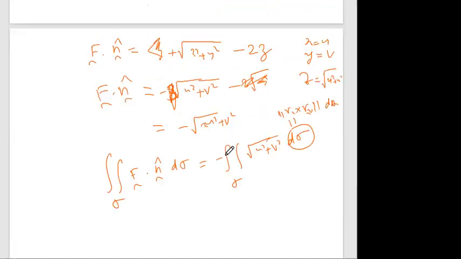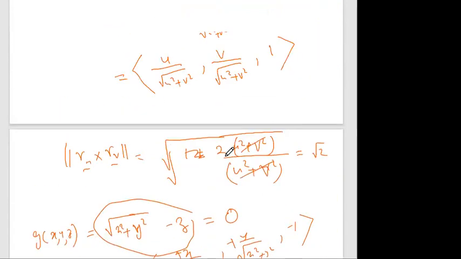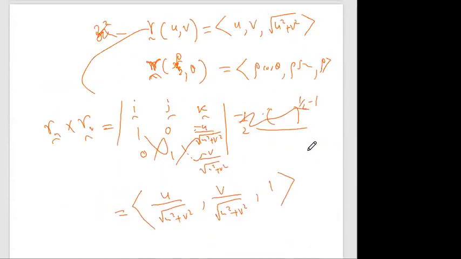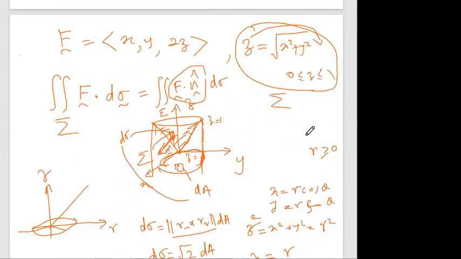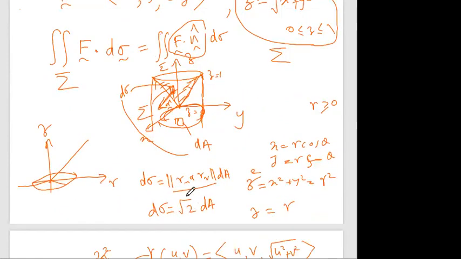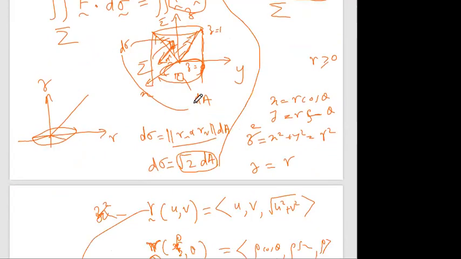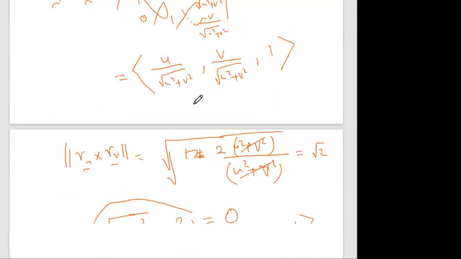So magnitude square root 2. Yeah, so I could write that into here. So what happened to this? Do we have square root 2 in front?